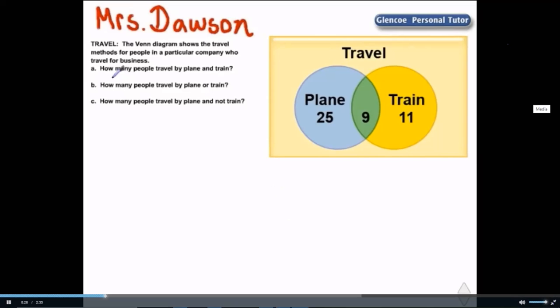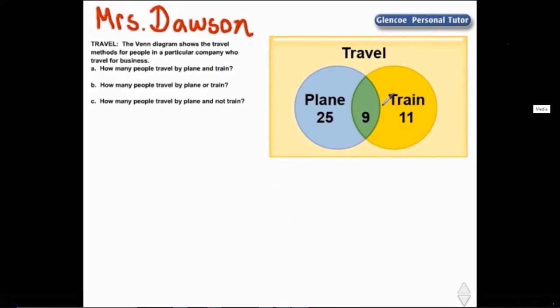Let's begin with part A. How many people travel by plane and train? The blue circle represents all the people that travel by plane. The yellow circle represents all the people that travel by train. The overlap of the blue circle and the yellow circle is 9. That is the number of people who travel by plane and train.